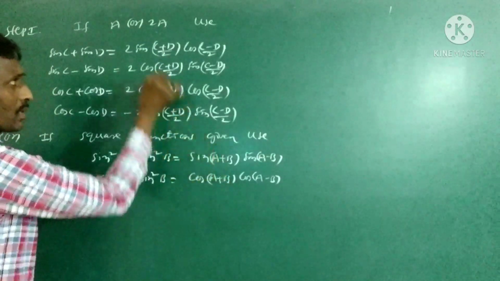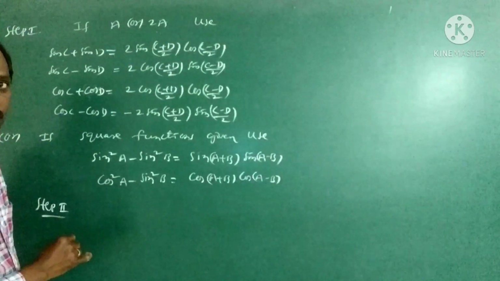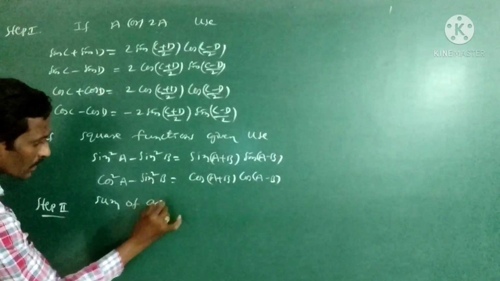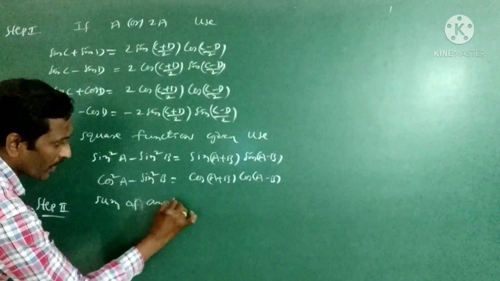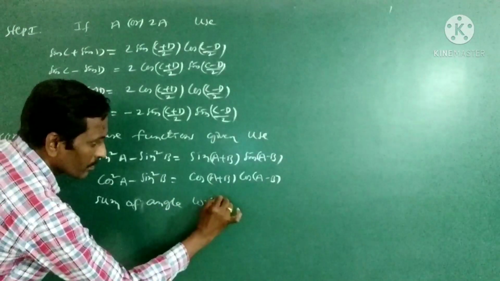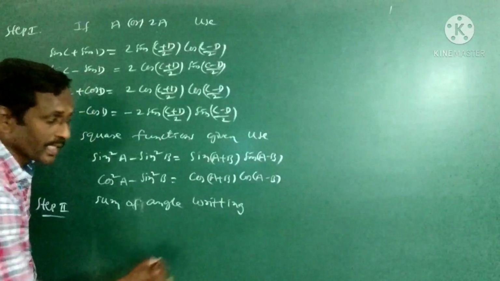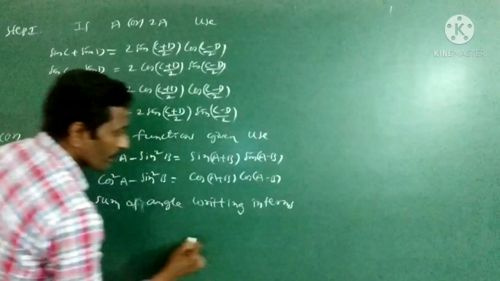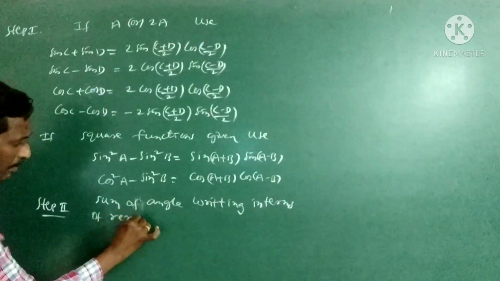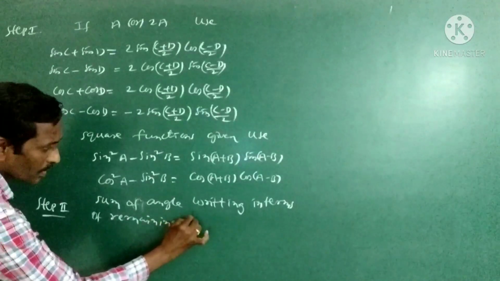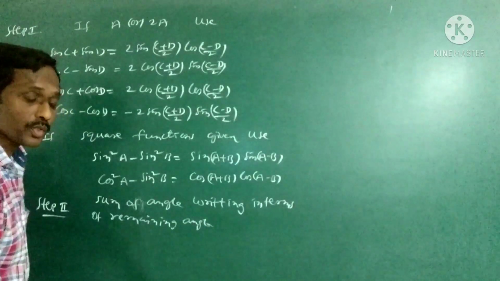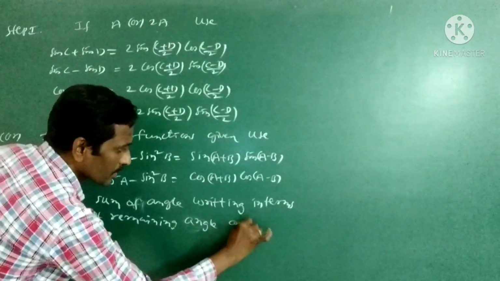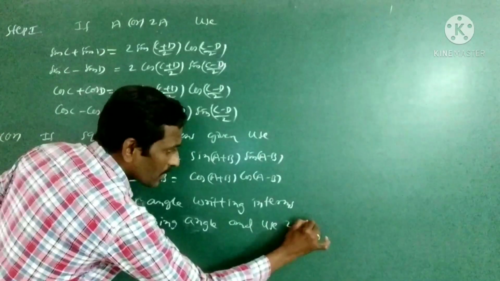Either in this sum or in this sum, we write it in terms of the remaining angle, and we also use the 2 theta formula.